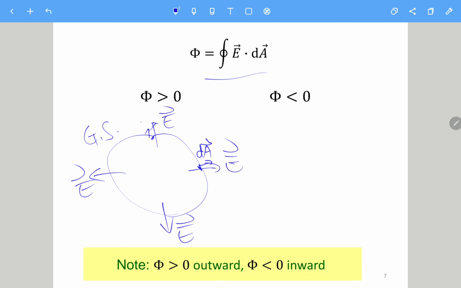So we will have E dot dA to be a positive value.